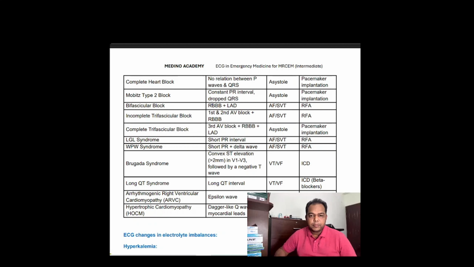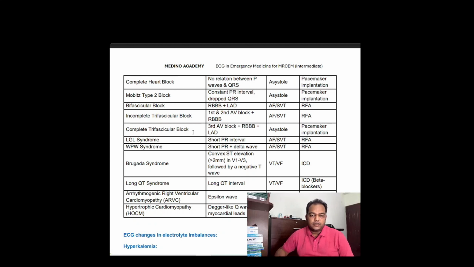Bifascicular block is appreciated by RBBB plus left axis deviation. That means left anterior fascicular block. Incomplete trifascicular block is bifascicular block plus first or second degree heart block. That means RBBB plus LAD or RAD plus first or second degree AV block.